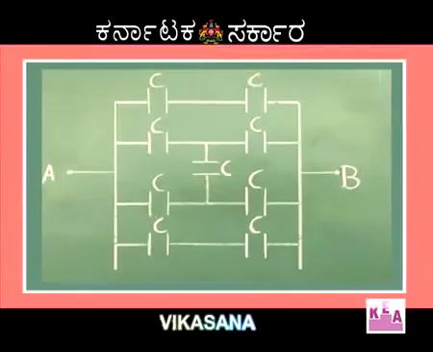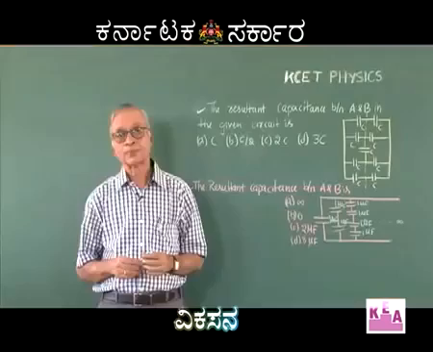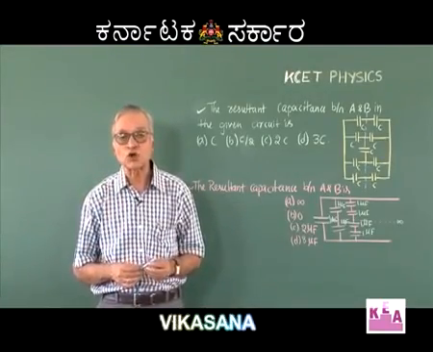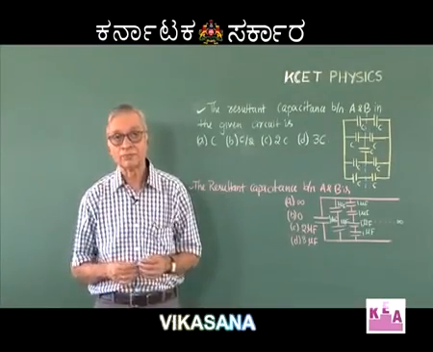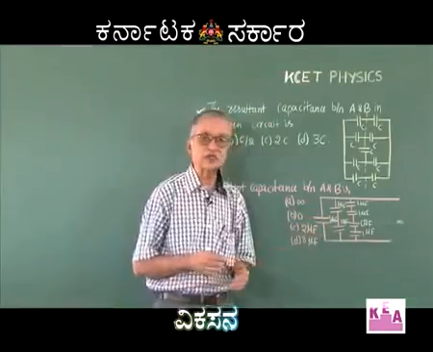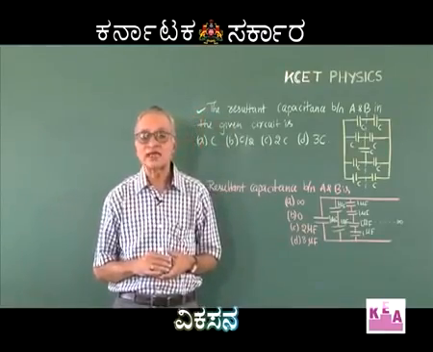That is, the circuits on the left side and the right side are mirror images of each other. In this particular case, the symmetry is called vertical symmetry. And you can notice that this dotted line is known as the line of symmetry.